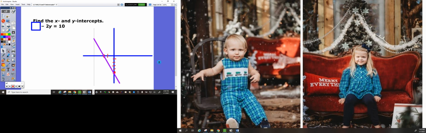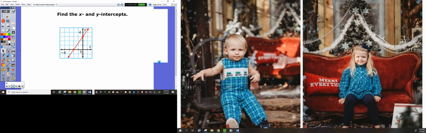Yes. Okay, good. All right, so, Jack, what's my y-intercept? It intersects right there. 0, 3.